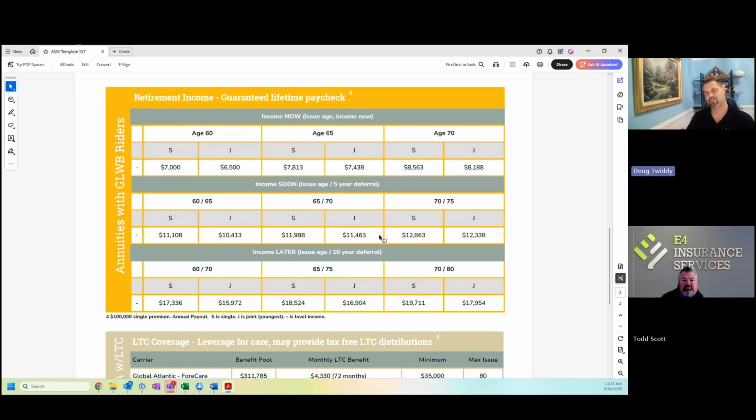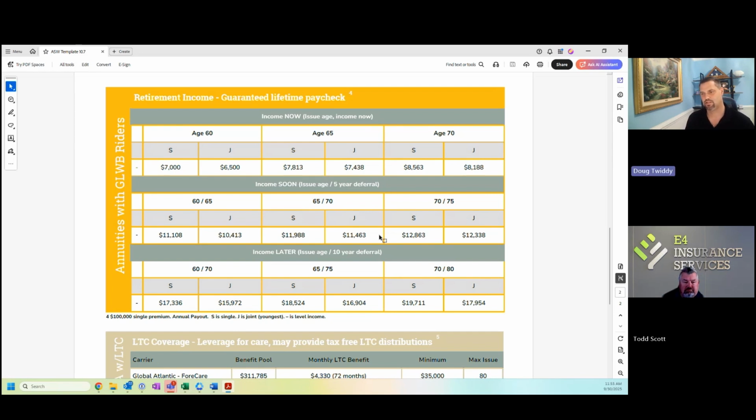So a nice cheat sheet here is looking to see how much lifetime income you can provide your client, a retiree, right? Give them a base for retirement income to cover any essential spending needs that they have.